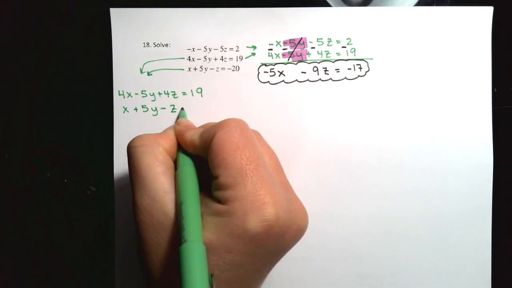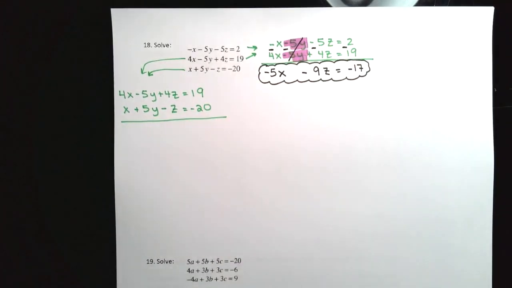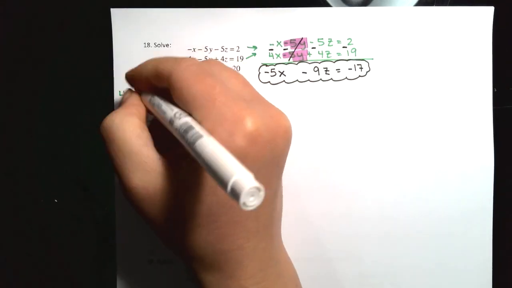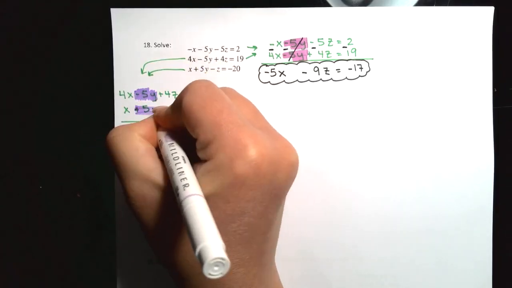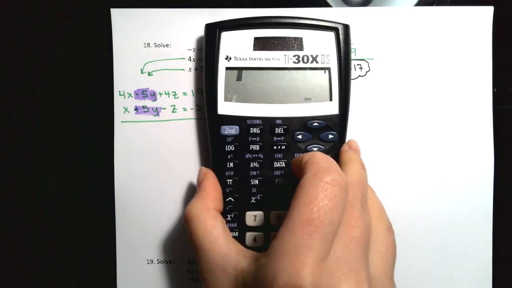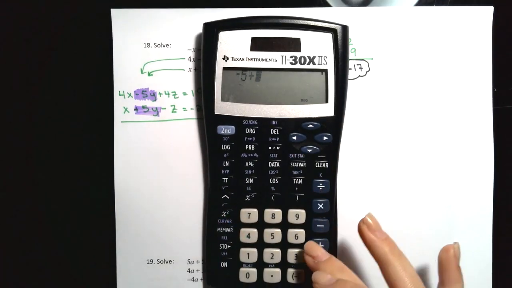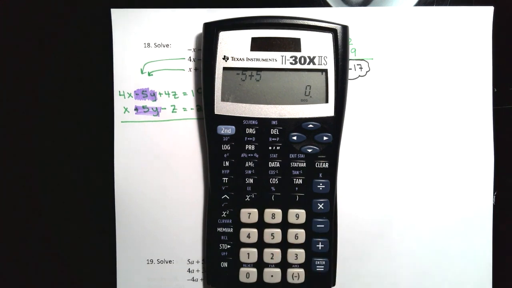We must eliminate the same variable from step number 1. So in step number 1, I chose to eliminate y's. So in step number 2, I must eliminate y. Again, pick up a calculator, check how you're going to eliminate. If I add negative 5 plus a positive 5, that does give me 0.